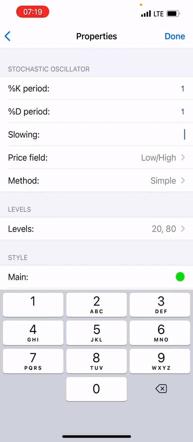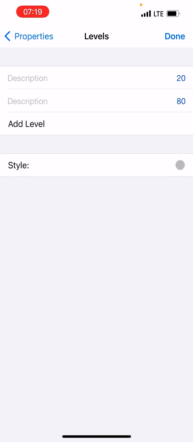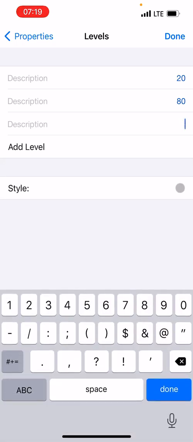Guys, just follow what I'm doing, please, so that you don't make mistakes when you are doing yours. Then the price field will be low/high, and the method simple. The levels 20, 80 is okay, but I usually like to add the level 50 to mine. So you click done.